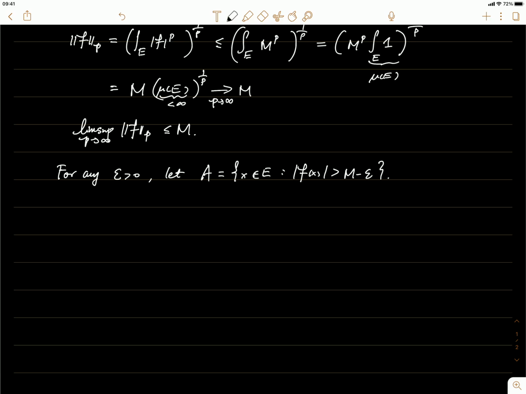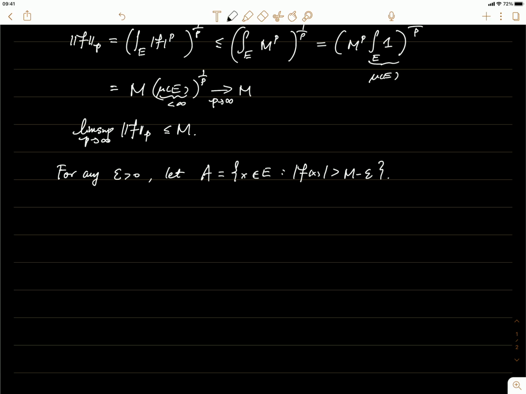Okay, and we can see that this A has a positive measure. The reason is, if the measure of A is equal to 0, then that means f is bounded by m minus epsilon almost everywhere, right?